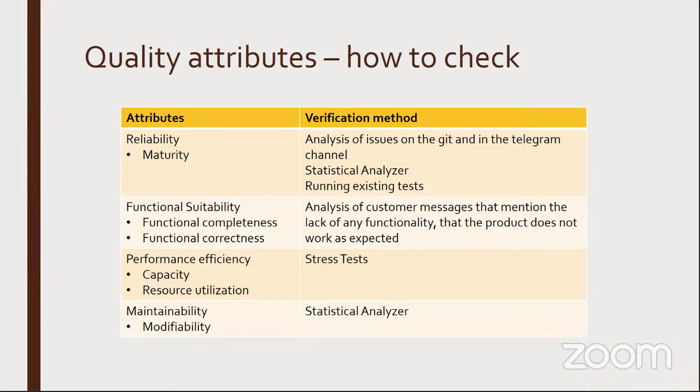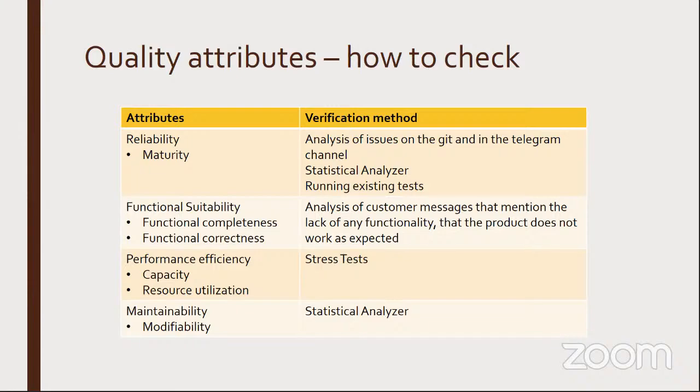Next, we were supposed to have a statistical analyzer and execute the existing tests. Next, functional suitability. We also analyze all issues that we had and try to understand whether it's some feature needed for the customer, maybe some problems, and how many of them there are.